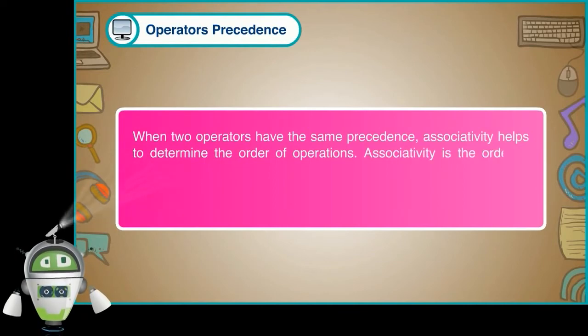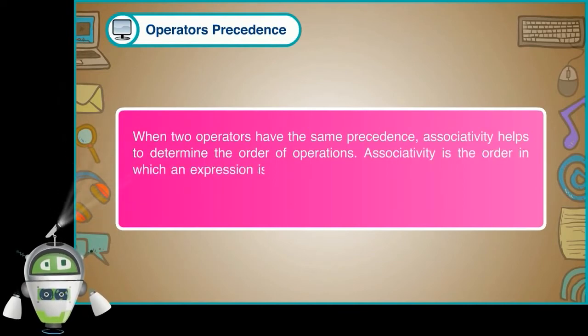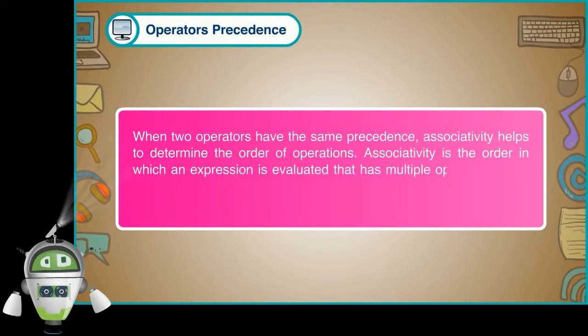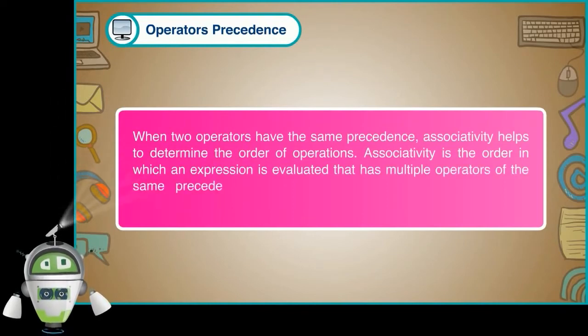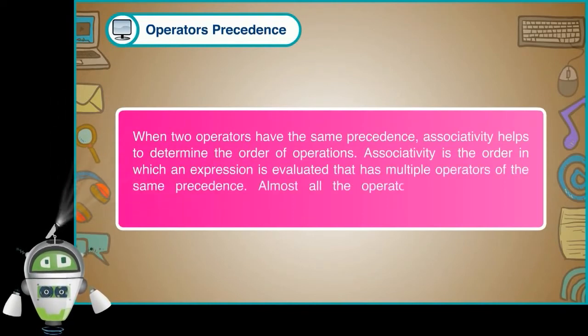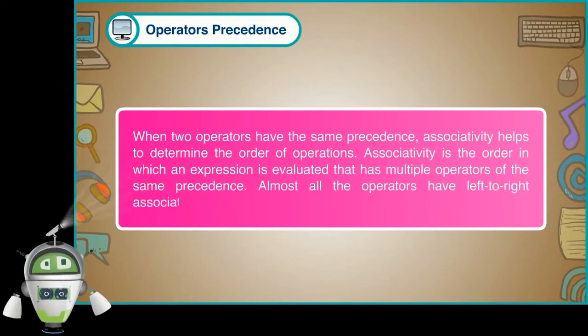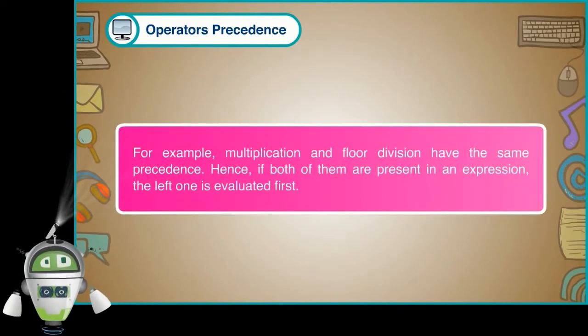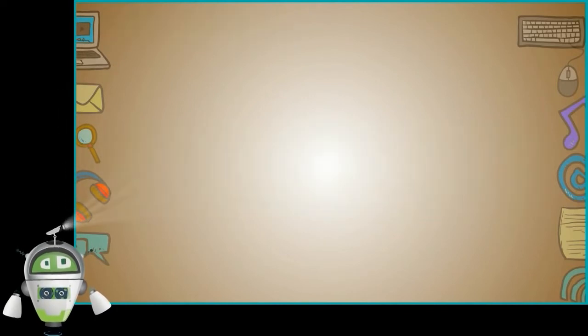Associativity is the order in which an expression is evaluated that has multiple operators of the same precedence. Almost all the operators have left to right associativity. For example, multiplication and floor division have the same precedence. Hence, if both of them are present in an expression, the left one is evaluated first.